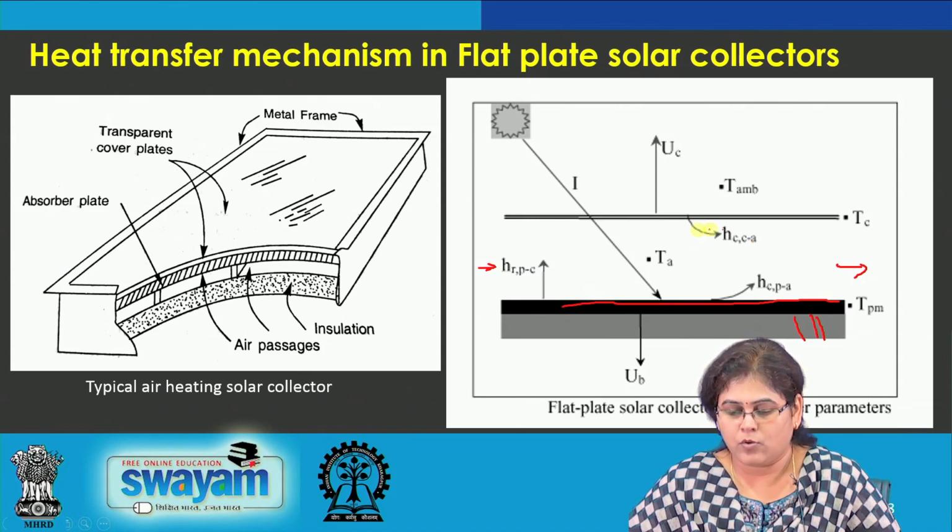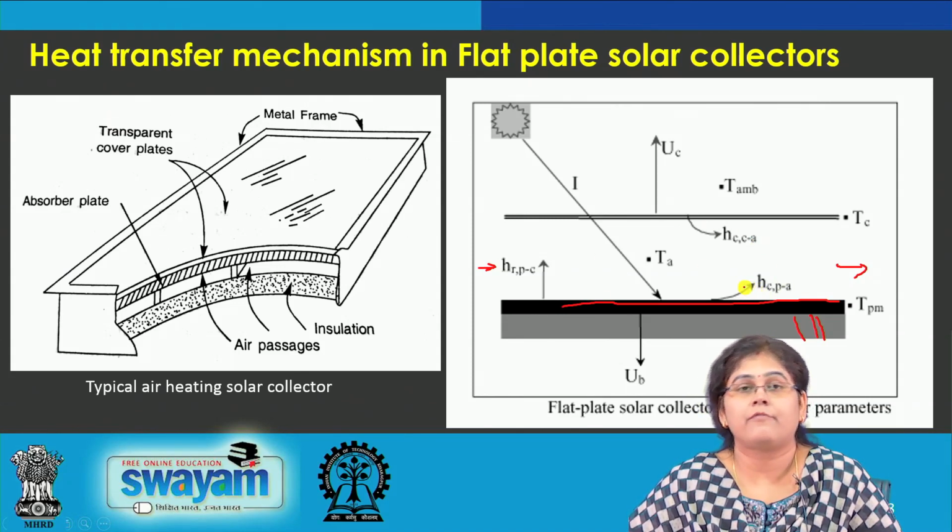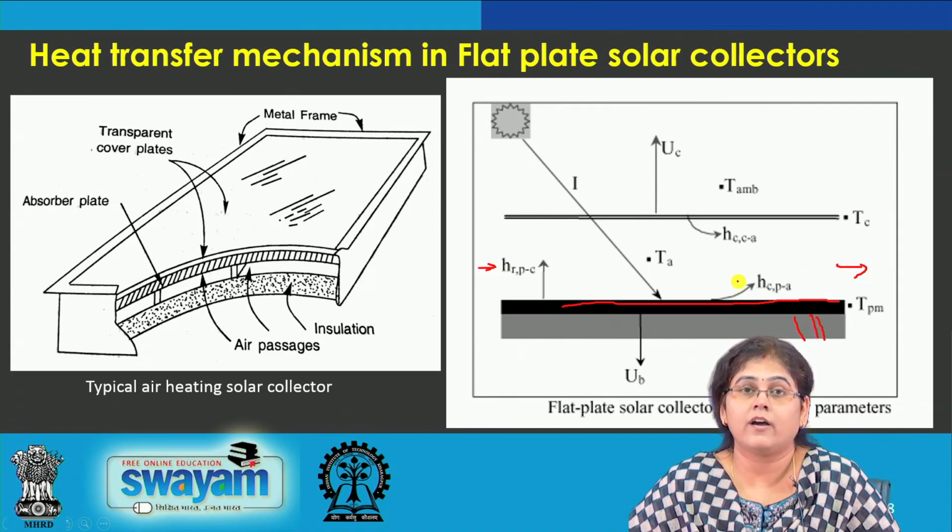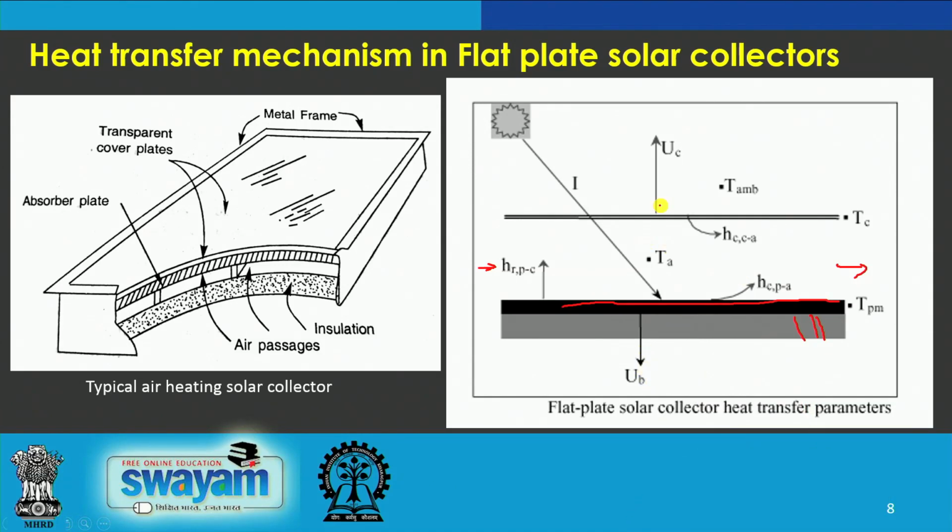So, these heat transfer coefficients are used for framing the energy balance equations and ultimately to calculate the overall heat loss from the collector. U_B basically represents the bottom heat loss coefficient, U_C is the cover glass heat loss coefficient, and there is of course an edge loss coefficient that is designated as U_E.